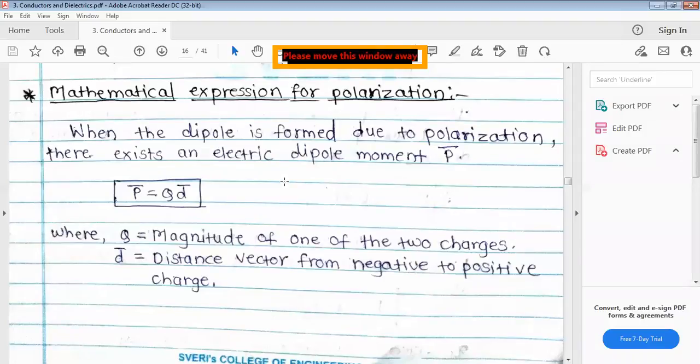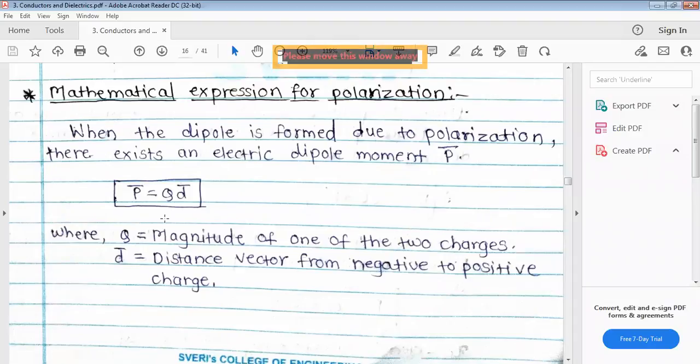So this P bar, the electric dipole moment, is given by P bar is equal to Q into D bar, where Q is the magnitude of one of the two charges. So why are we considering the magnitude of only one charge? What about the magnitude of the second charge? Can anyone tell me?